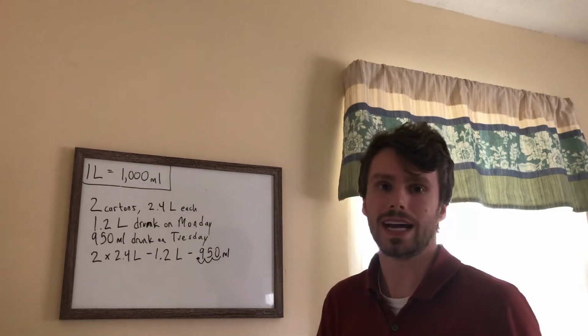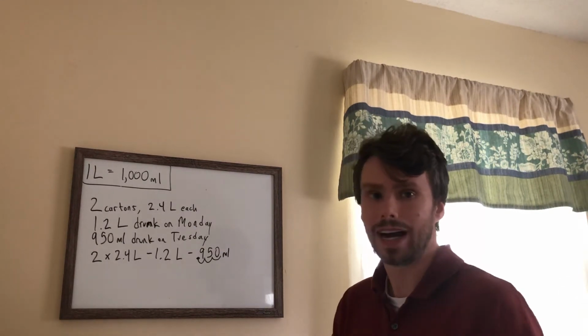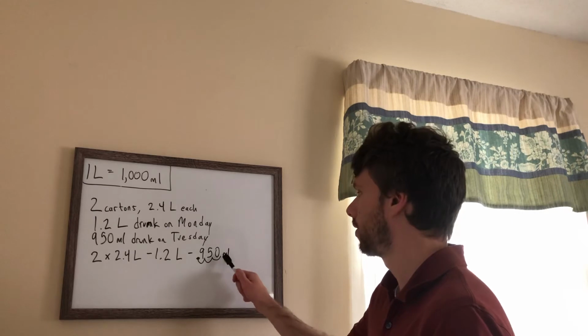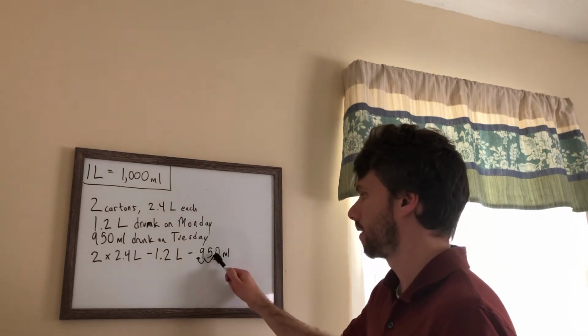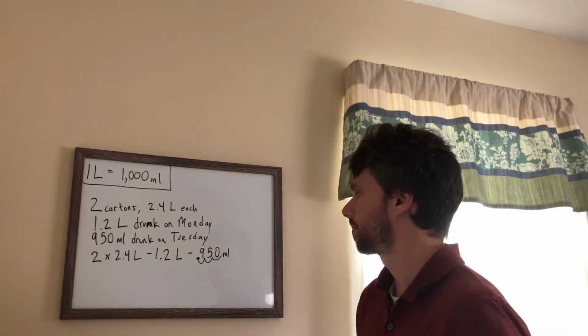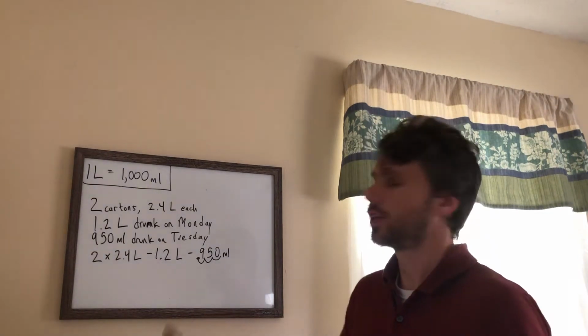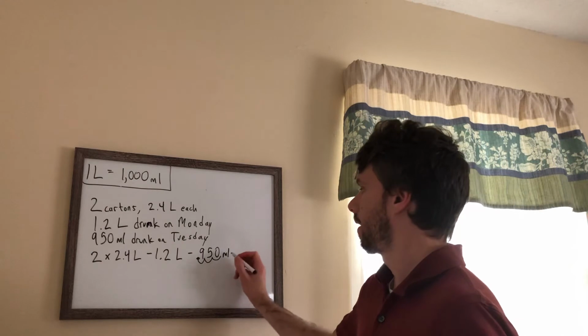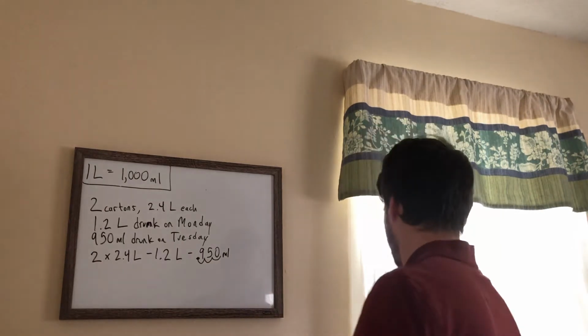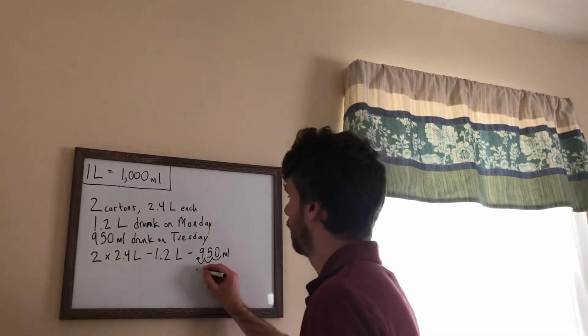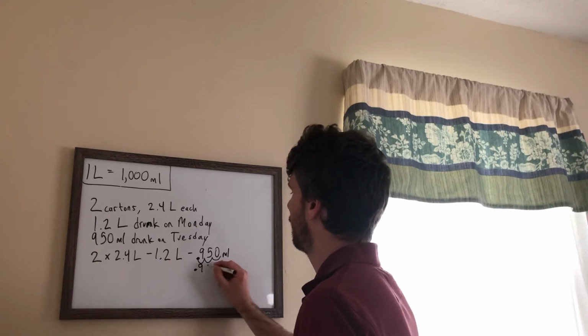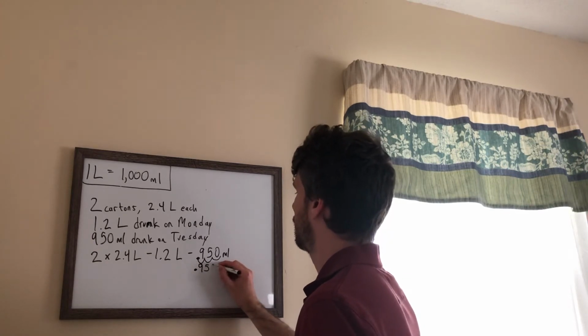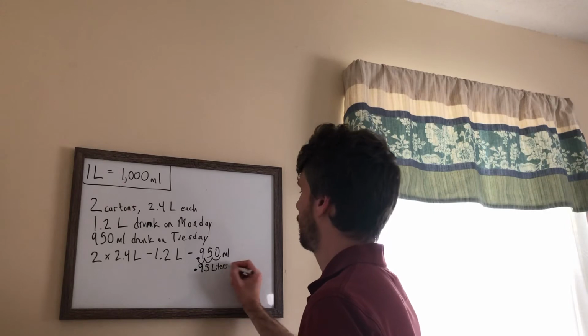Since 1,000 has 3 zeros, and we're dividing by 1,000, all we need to do is go 3 decimal places back. That's what I meant to say. So instead of 950 milliliters, we now have 0.95 liters, okay?